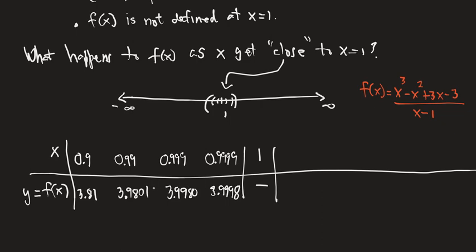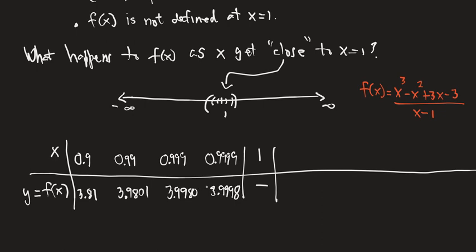Every time you add an additional 9 after the decimal point in your x, you pick up an additional 9 after the decimal point in your y value, right? Okay, so that's the left half of the table.